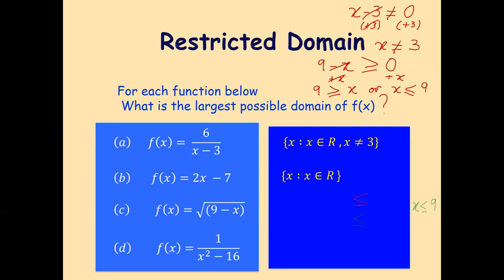Minus 1. And because you can't do the square root of minus 1, you've broken the rule. So that's the rule for this function: x is always less than or equal to 9. Okay, so x belongs to all the reals and x is less than or equal to 9.